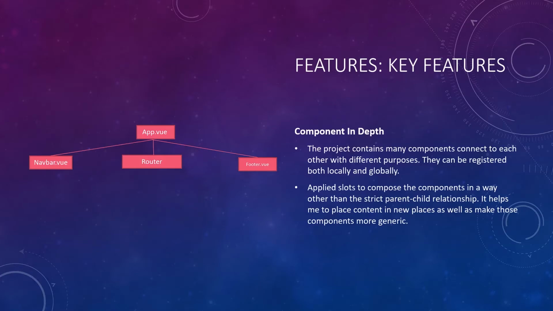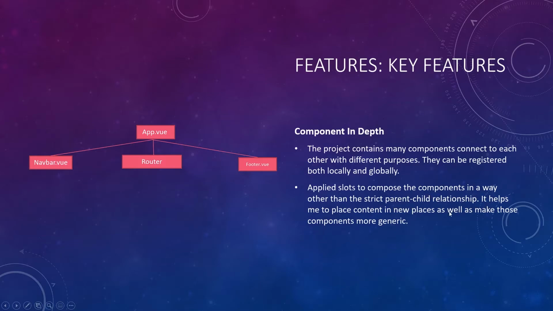So next are the key features of the project. In components in depth, the project contains many components connected to each other with different purposes. They can be registered both locally and globally. The diagram here illustrates a simple system of how all of the components connect to each other. I also applied slots to compose the components in a way other than the strict parent-child relationship.